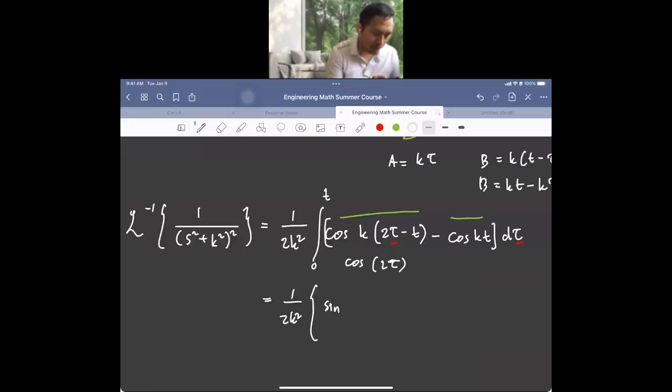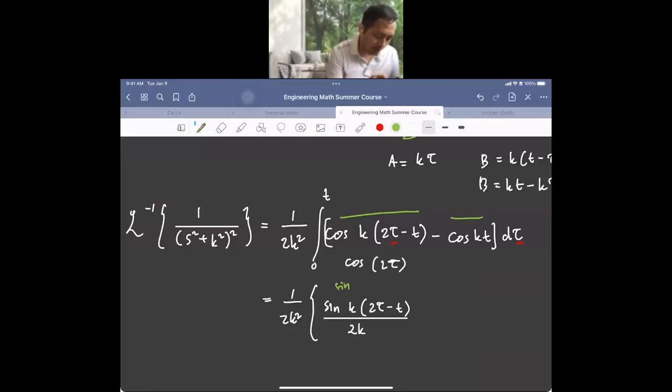Positive sine k(2 tau minus t), and then divide by 2 from the inside variable, so 2k, because k is still in the variable.